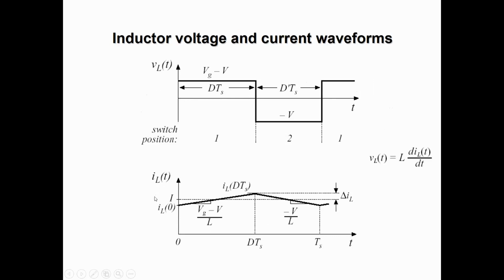The inductor current rises in the first duration from 0 to DTs, and after that, when the switch is connected at position 2, the inductor current decreases. After that the inductor current increases again when the switch is connected at position 1. So this is the waveform for the inductor voltage and current for position 1 and position 2.